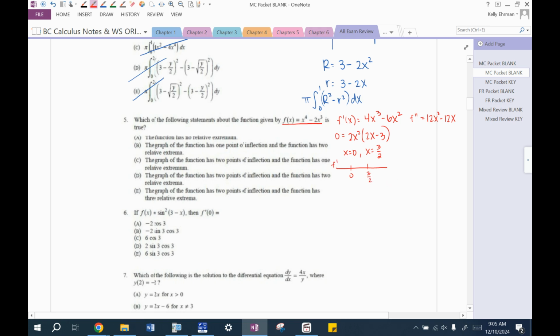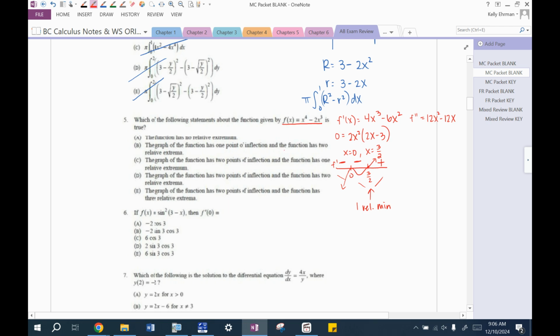Now, f prime was a 4x cubed graph, and the graph should bounce at 0 and cross through at 3 halves. So I know that it goes like this, and then it's got to kind of touch and turn and come back here. So it's negative, negative, positive. So there's only one relative minimum. There is no relative max for the graph of f.